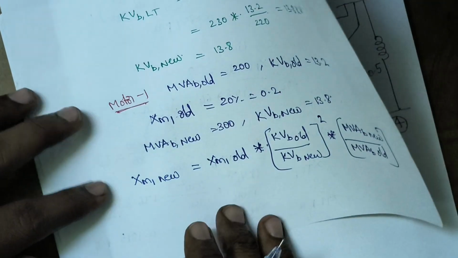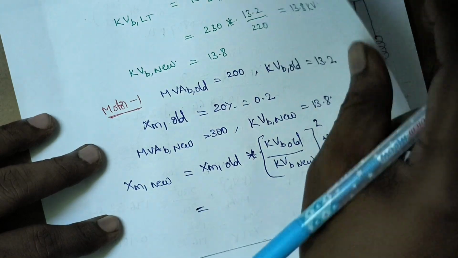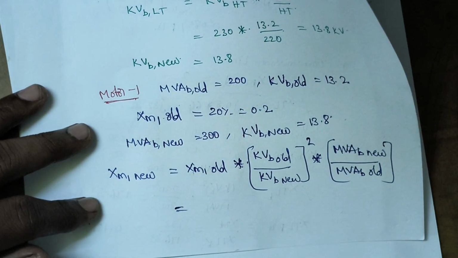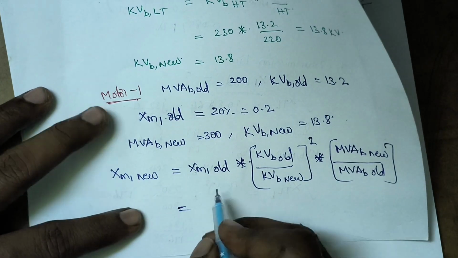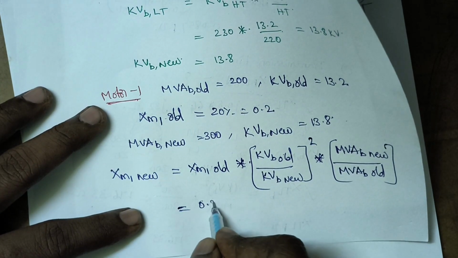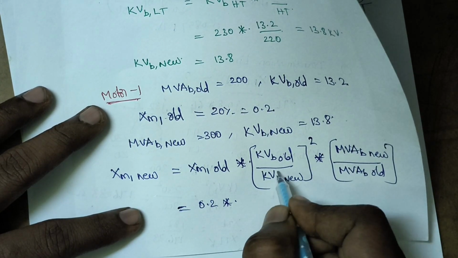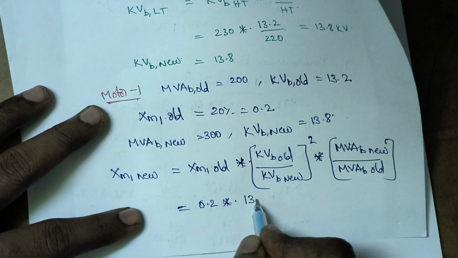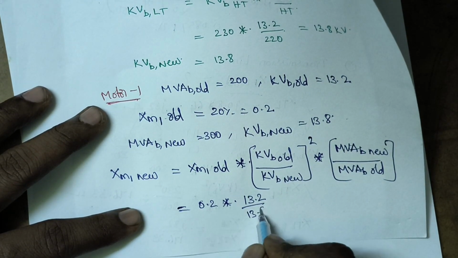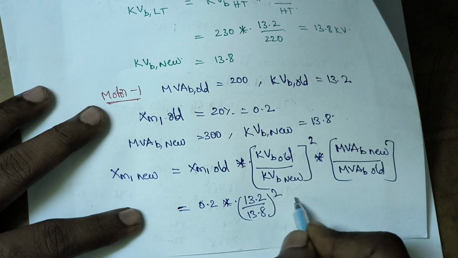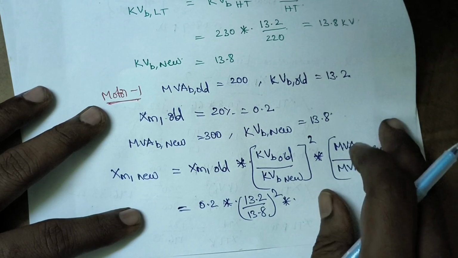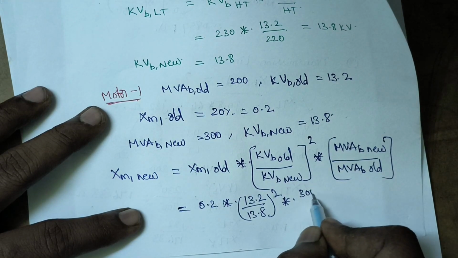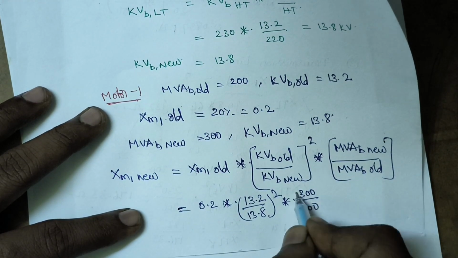And if you substitute all the values we have: XM1 old is 0.2, multiplied by KVB old 13.2 by 13.8 whole square, multiplied by MVAB new 300 by MVAB old 200.